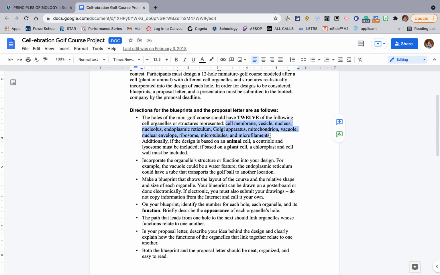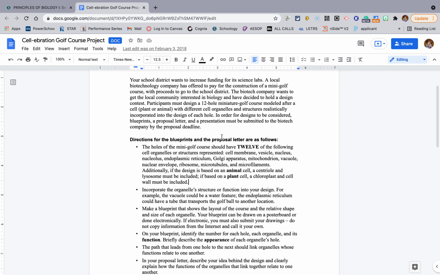Cell membrane, vesicle, nucleus, nucleolus, ER, which is what we call the endoplasmic reticulum, Golgi apparatus, mitochondria, vacuole, nuclear envelope, ribosome, microtubules, and microfilaments. Additionally, if the design is based on an animal cell, a centriole and lysosome must be included. If a plant cell, a chloroplast and cell wall must be included.